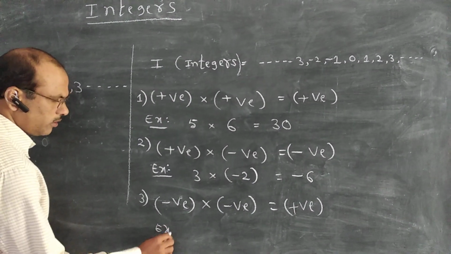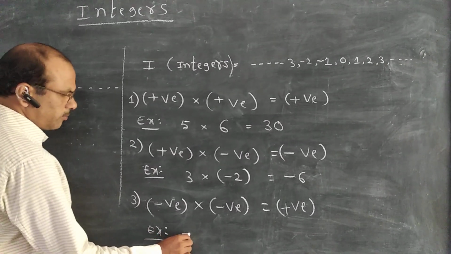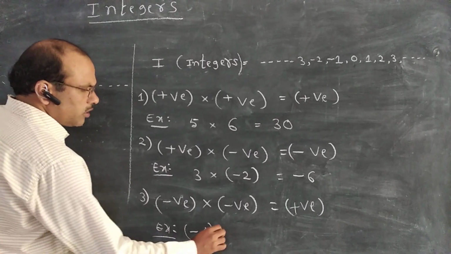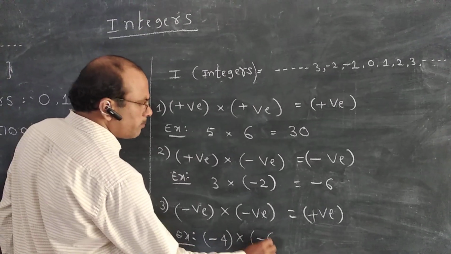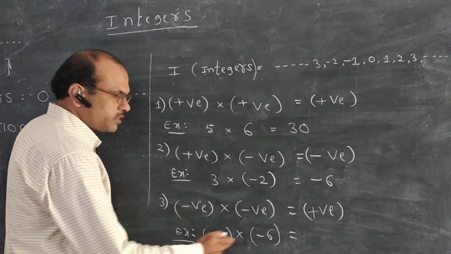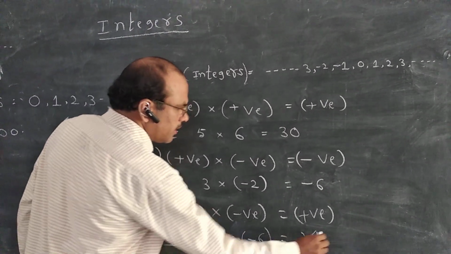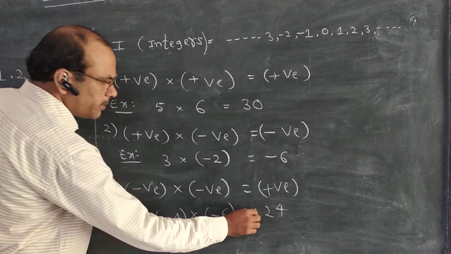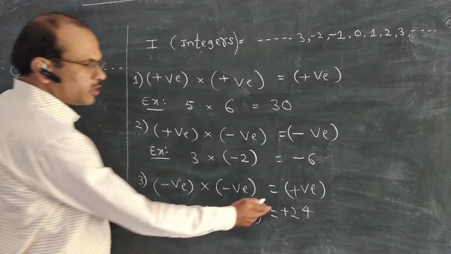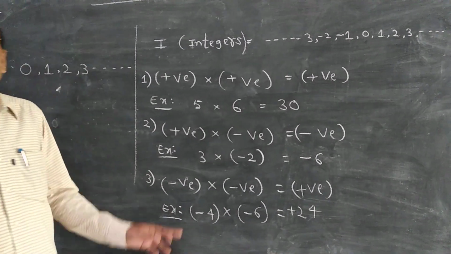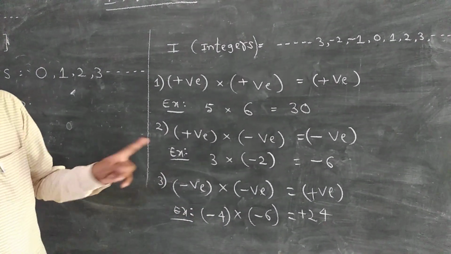For example, minus 4 multiplied with minus 6: 4 times 6 is 24, so minus into minus becomes plus 24, that is a positive integer.